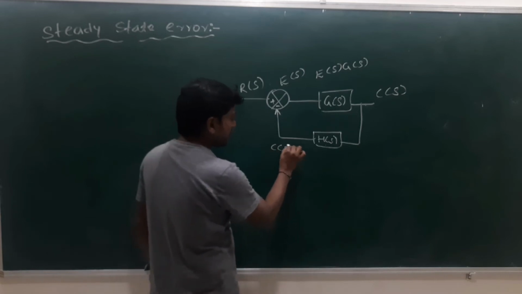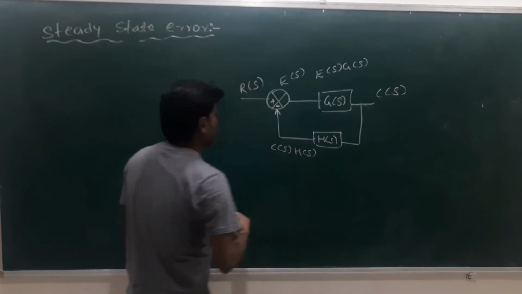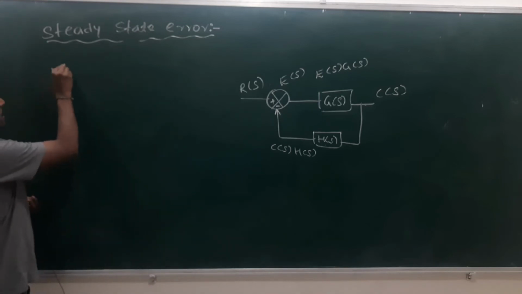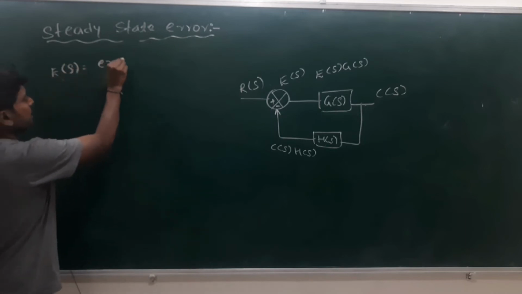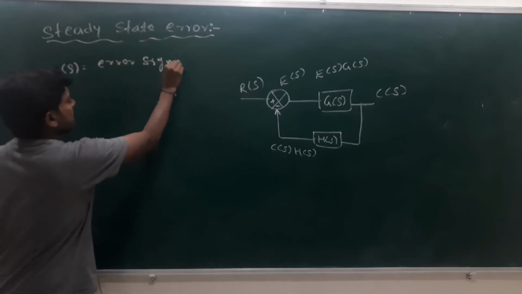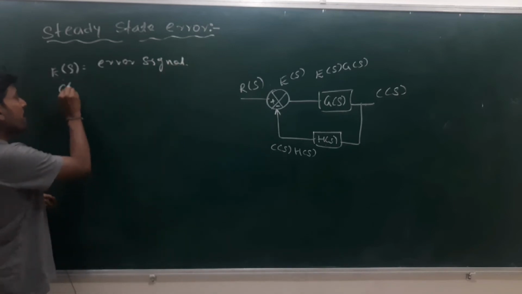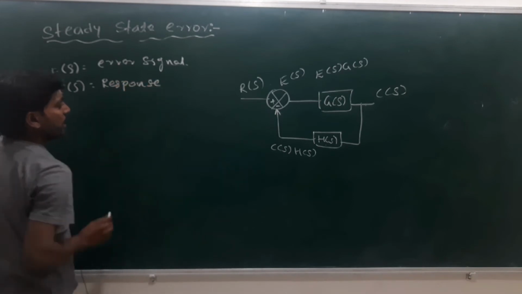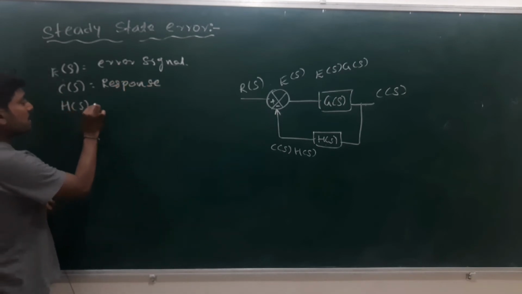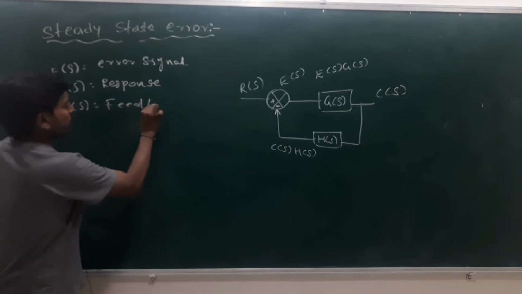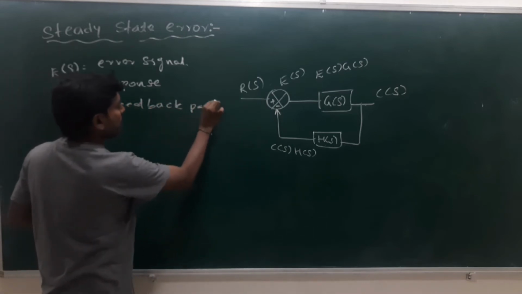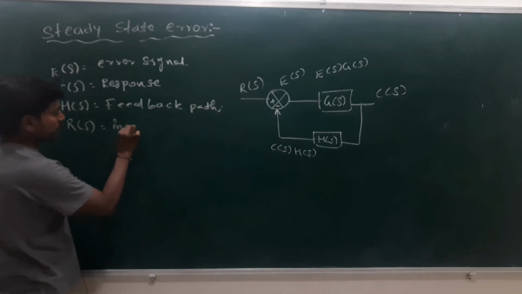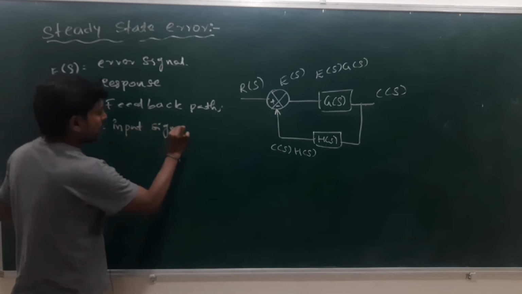In this diagram, E(s) is the error signal. C(s) is the response, which is nothing but the output. H(s) is the feedback path. R(s) is the input signal.